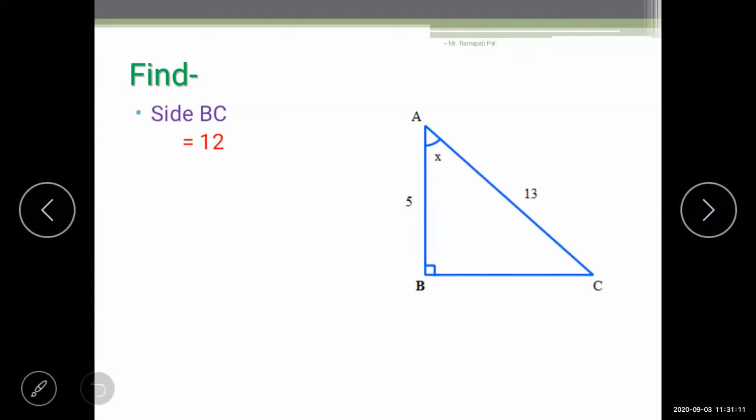Now we have to find cos x. First, find cos x. Khushi has given the answer.